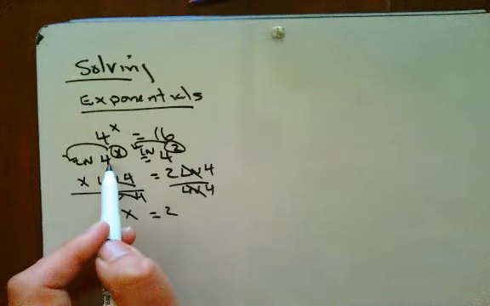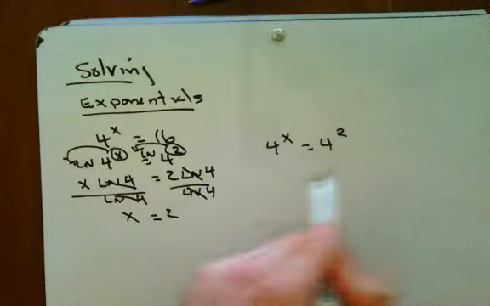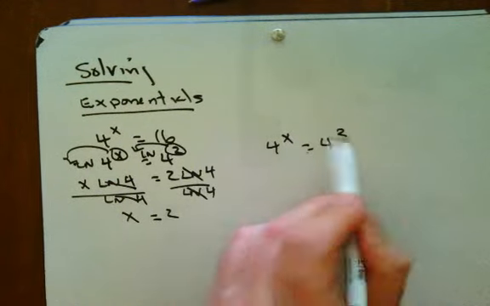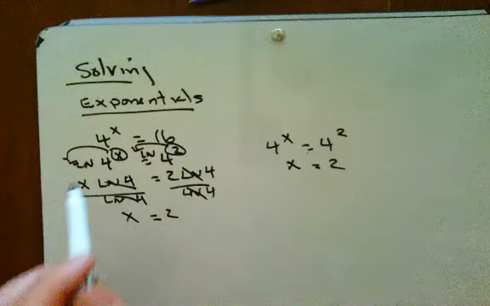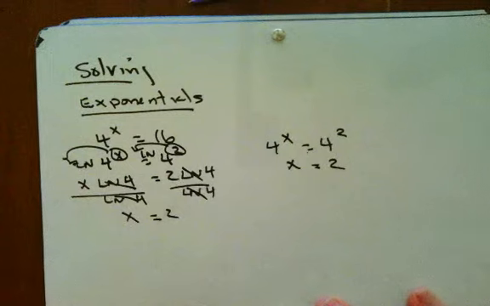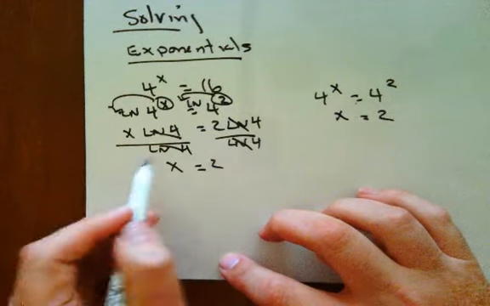So I'd stop there with 4 to the x equals 4 to the second. Since these terms are equal and their bases are the same, the exponents must also be the same. But we're going to see some problems today where it will be helpful to take the log of both sides, so I wanted to introduce that early on.